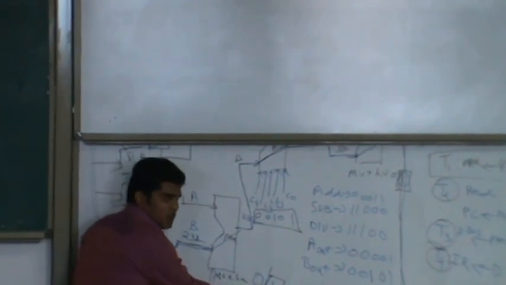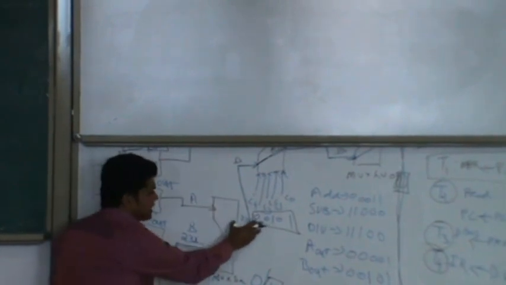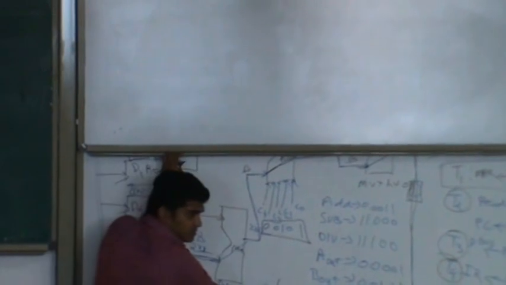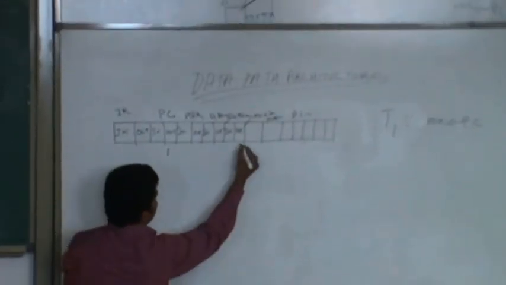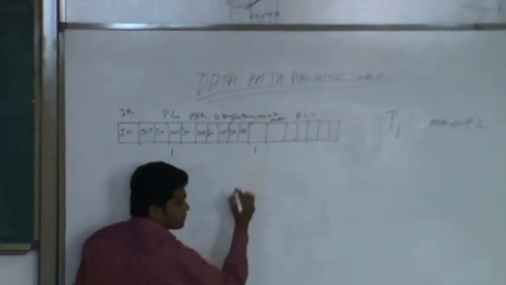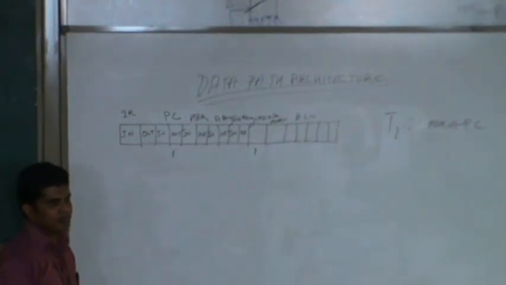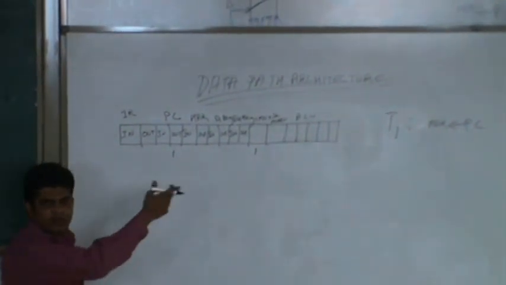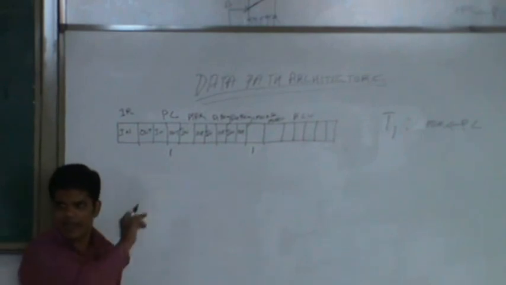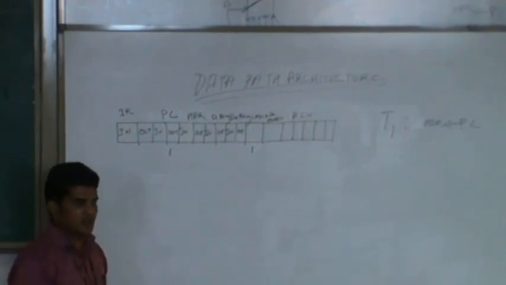Now multiplexer SA is selected only when it is 1. The data from the line B will be transferred onto the output of the mux. So in this case it is 1. Or else if you want to select line 0, you need to write 0. So in this case it is 1.